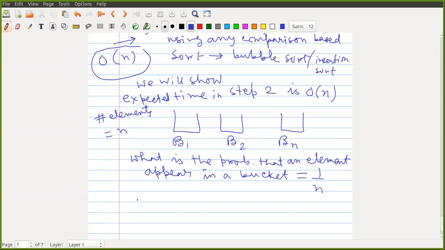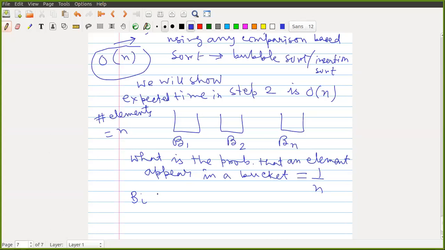Right? So let us consider a random experiment. Say we are considering this bucket bi. Elements are coming and we are putting them inside some bucket.